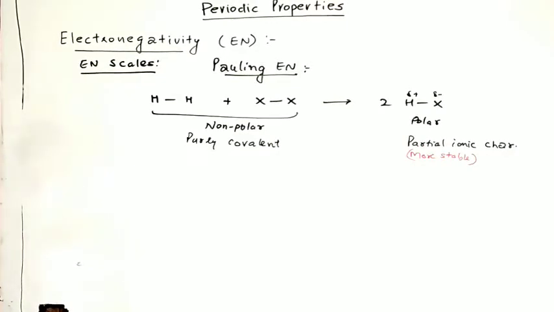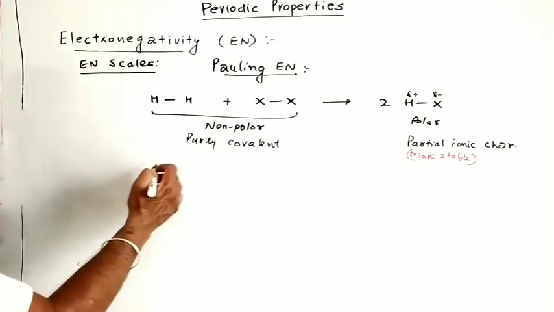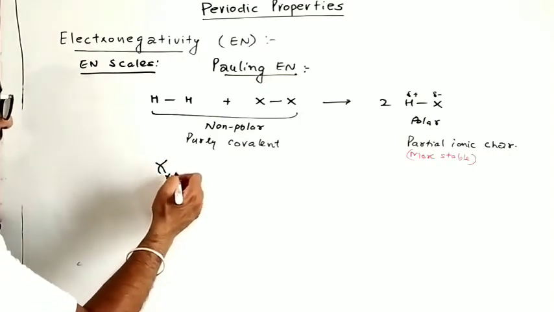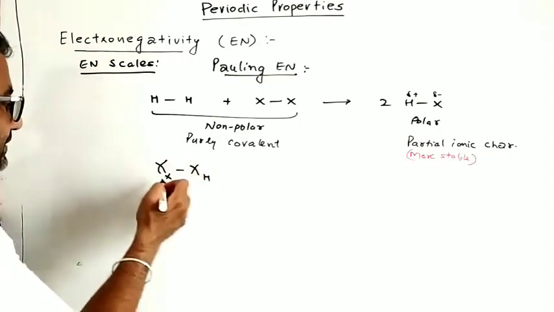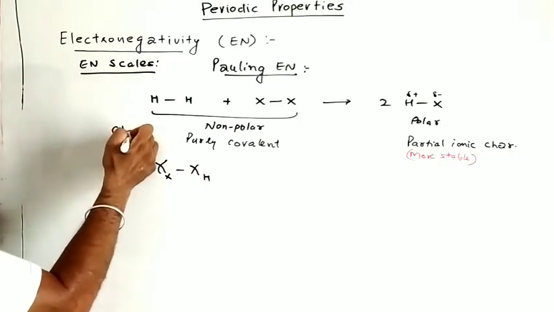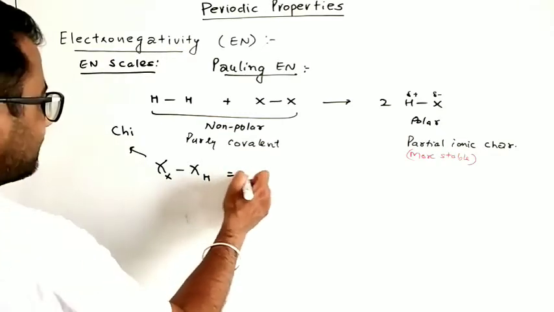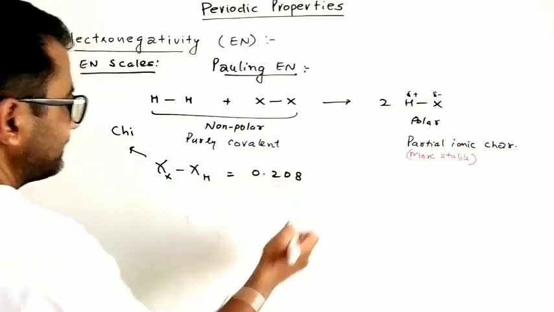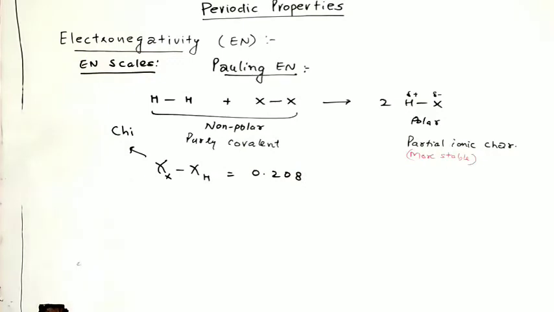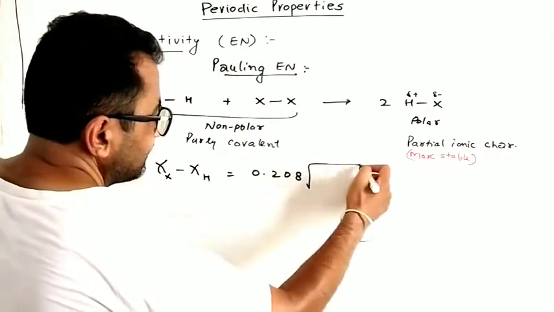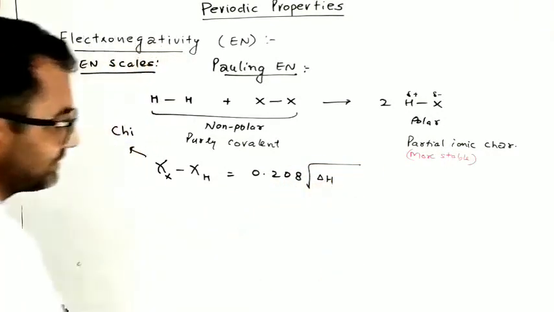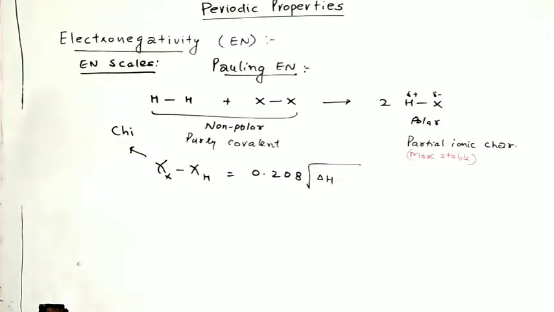With respect to hydrogen, in the Pauling scale, hydrogen is the standard. If we write here chi X, chi H, the symbol is chi, that represents the electronegativity, equal to 0.208 root delta H of HX.